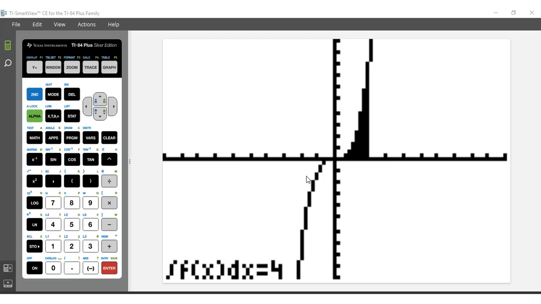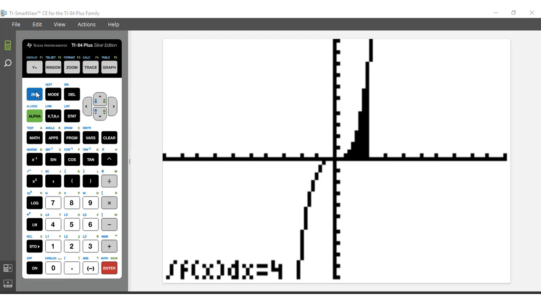But when the function is negative for a certain interval, which means the function is below the x-axis, then for that interval, when you do the definite integral, you will get a negative number.